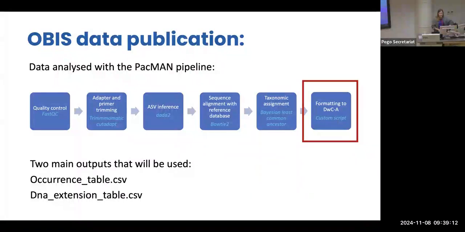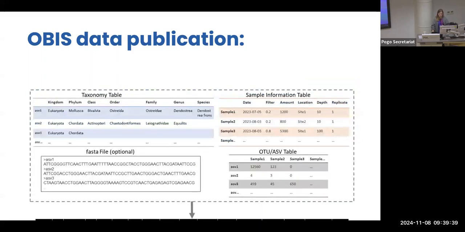And basically this pipeline formats the data already to Darwin Core. That means that it simplifies that step, right? So that's an easy way to do it: you get your tables directly from your bioinformatic pipeline. It stops you from having to do a manual formatting of your data. So we get an occurrence table and a DNA extension table directly out of that.